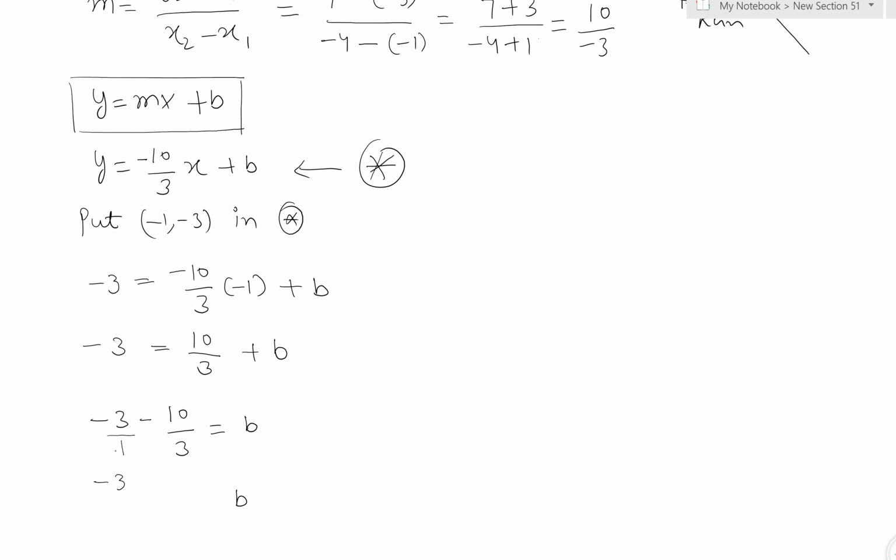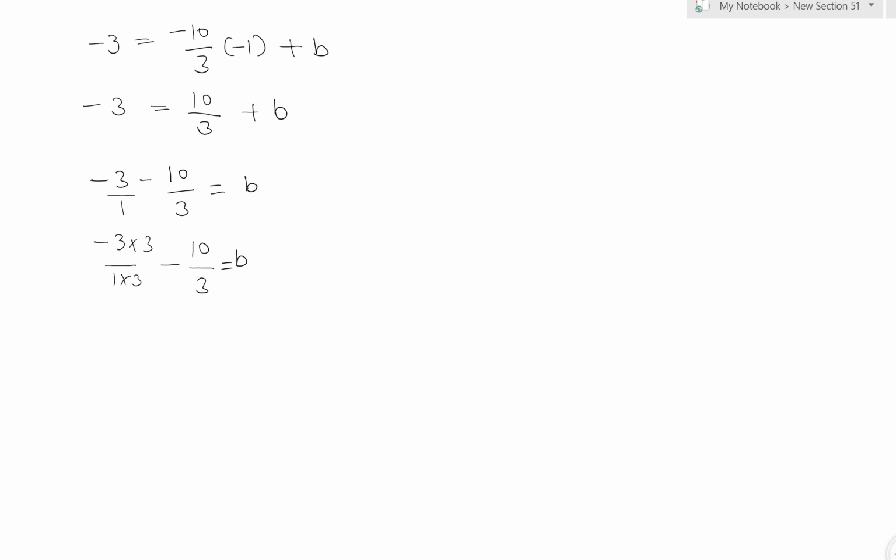In order to make the bottom 3, I have to multiply the bottom by 3, so I multiply 1 by 3 and the top as well. Now my base is the same, and I can find my b value. Negative 3 is negative 9 over 3.